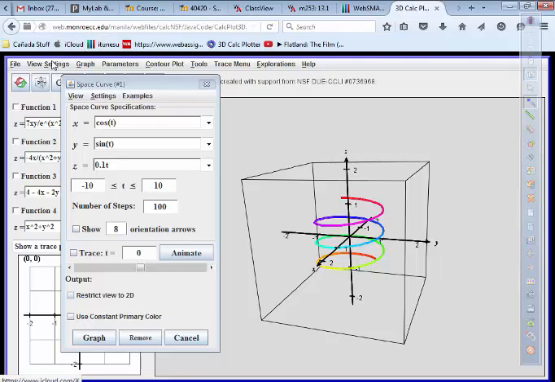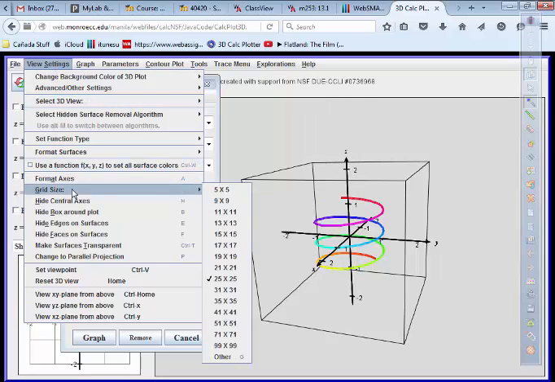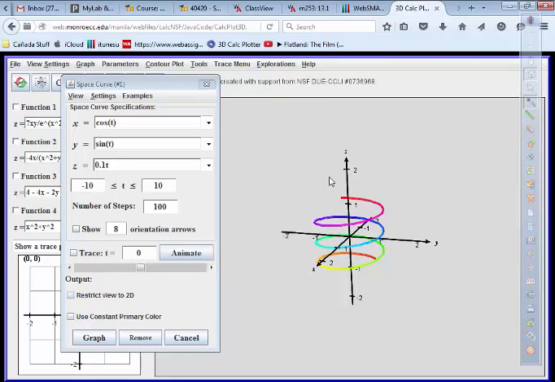So this has a default box around it. If you want to change something in terms of how the graph looks, you can go to View Settings, and then I think we can get rid of the box around that, so we can just look at the graph itself. And then you can show orientation arrows, because when you're looking at a graph that's parameterized by some t value, as t increases, this thing goes in a specific direction.